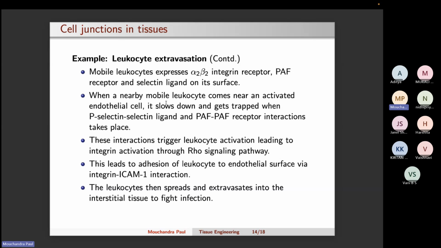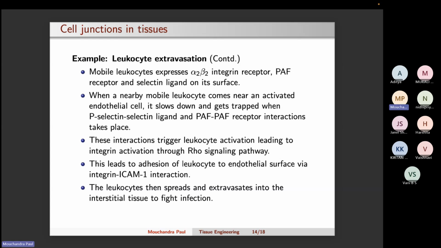So when a nearby mobile leukocyte comes near an activated endothelial cell, it slows down and gets trapped. Okay, so trapping will happen when the P-selectin molecule interacts with the selectin ligand, and FAF receptor and FAF molecule interaction has taken place. This interaction then triggers leukocyte activation that leads to activation of integrin molecules.